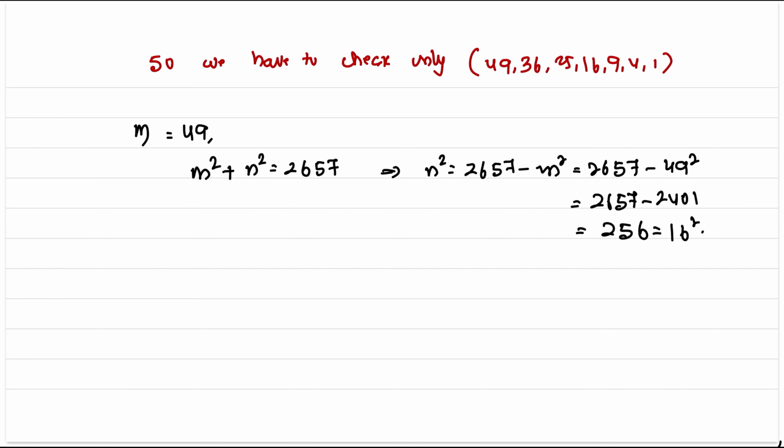That means m is equal to 49, n is equal to 16, then this particular equation of m square plus n square is equal to 2657 is satisfied.